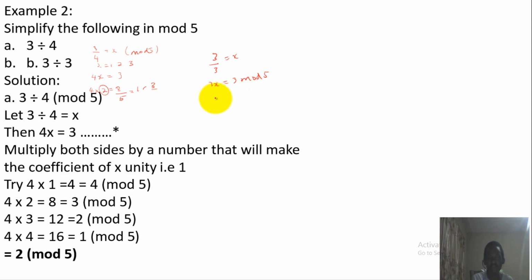Therefore, if you try 3 times 1, that will give me what? 3. 3 divided by 5, automatically that will be 0, remainder what? 3. It's returning 3. Therefore, the answer is 1 mod 5. That's basically just the answer.